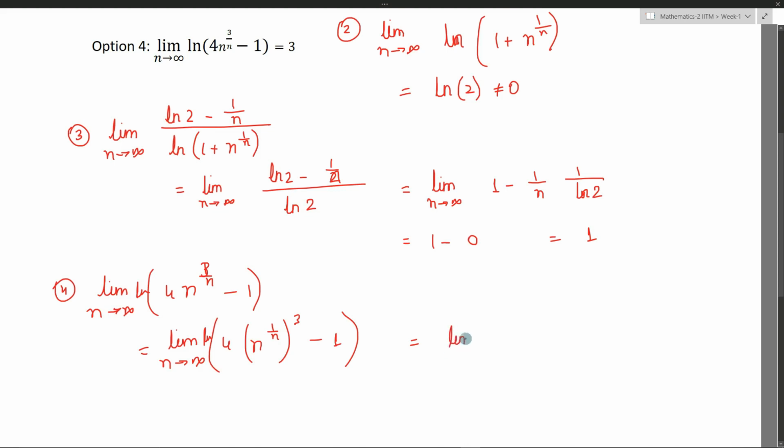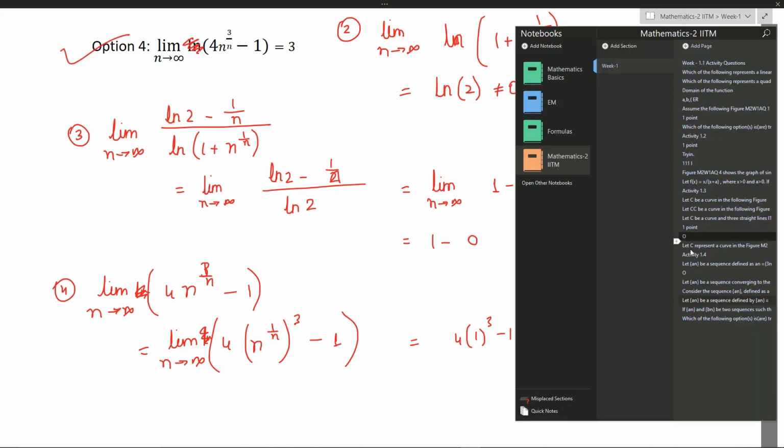I'm sorry, there is no ln here. I have made a typing mistake, sorry. So there is no ln. So what happens here, if I substitute the limit, I have 4 into 1 cube minus 1, that is nothing but 4 minus 1 is 3. Again option 4 is also correct.